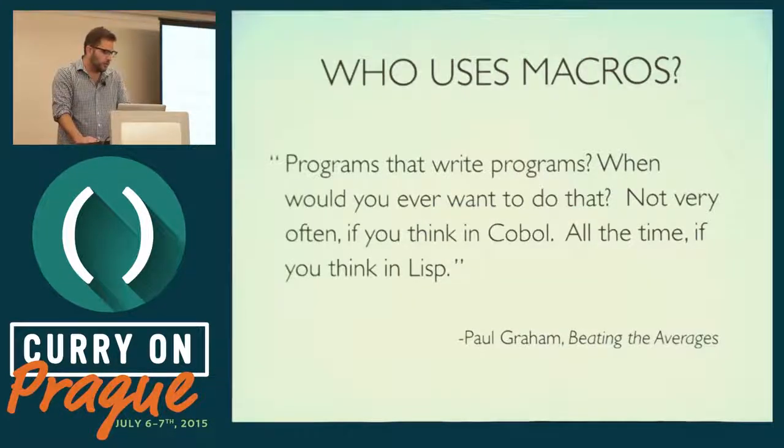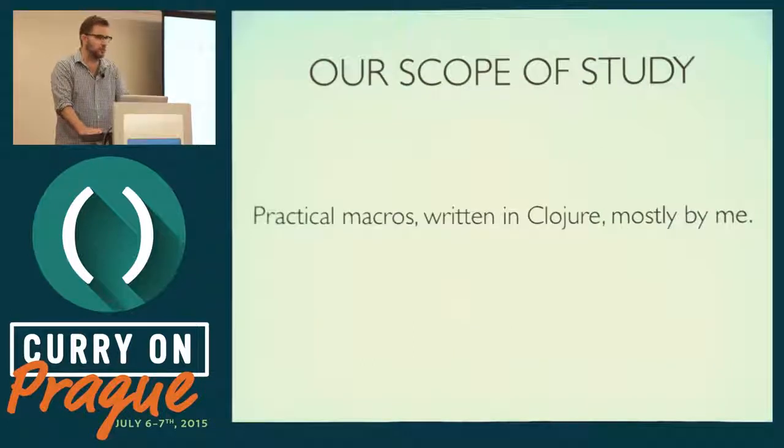So Paul Graham, back in his patron saint of Lisp days, talked a lot about what Lisp and macros have been used for. The way that we're going to look at that is looking at macros written in Clojure, which is a particular dialect of Lisp concerned with the dual goals of being immutable by default and having seamless interop with Java, which is not immutable by default.